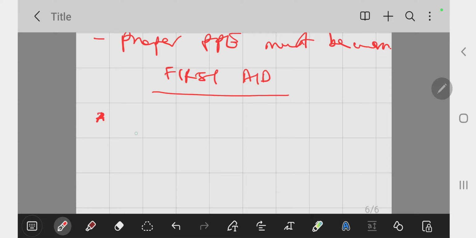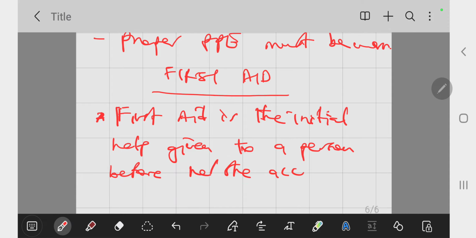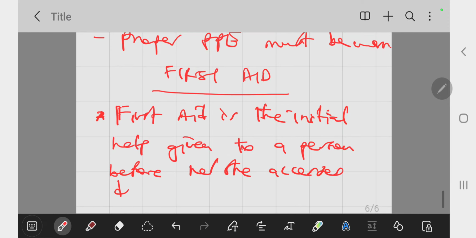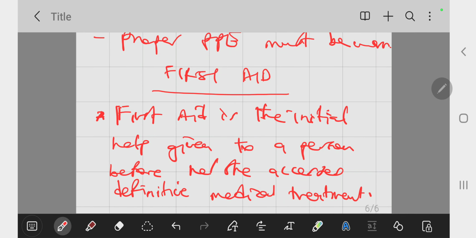How I would describe it is: first aid is the initial help given to a person before he or she accesses definitive medical treatment.